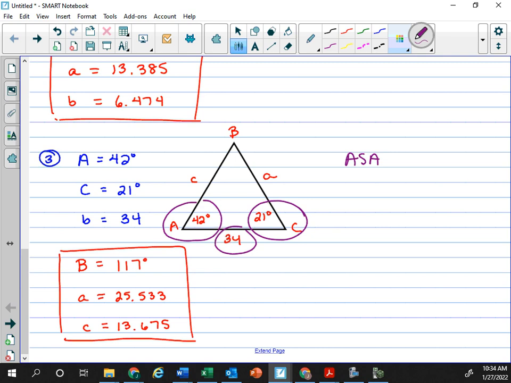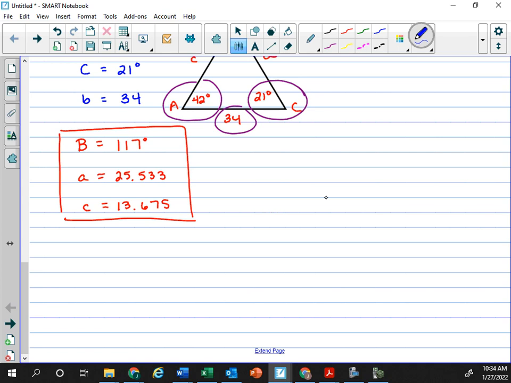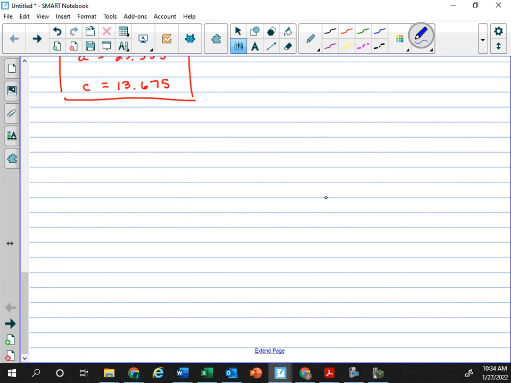The only other thing we need to talk about then is angles of elevation and depression. So I just want to draw a picture for you to make sure you know what is what. So let's say we've got someone down here. Their friend is up here on a cliff, building, I don't know.